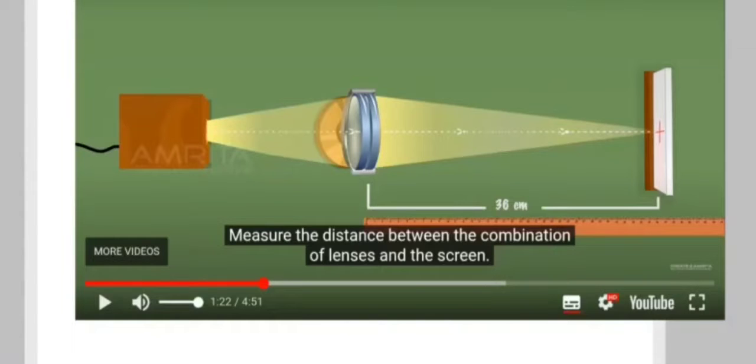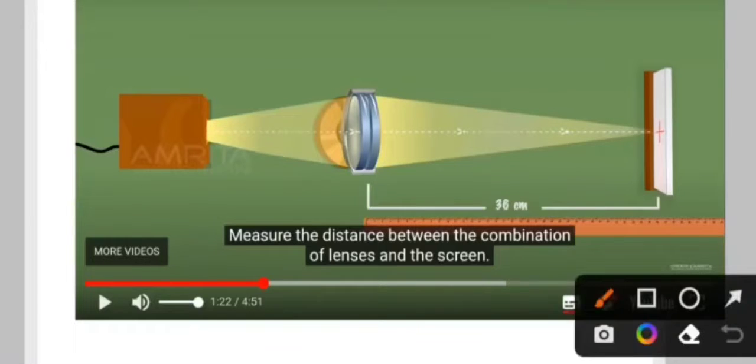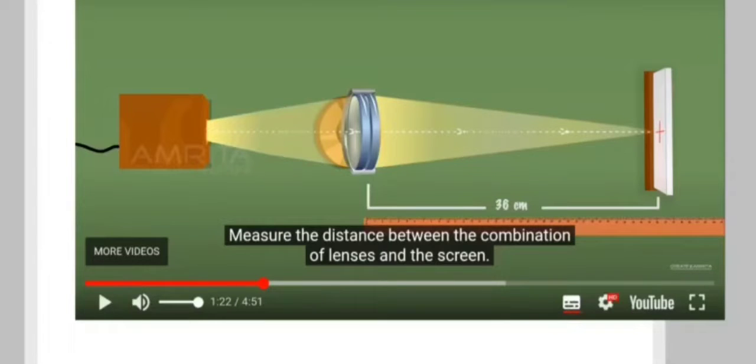We have to keep the object distance from the lens fixed, a particular distance, suppose 15 centimeters or 20 centimeters you are choosing, then you don't have to move the lens. Now you will move only the screen to find a clear image of that, and you can see on the screen a very clear image of a plus sign formed. So this is the aim of this experiment. Now I think this is clear.